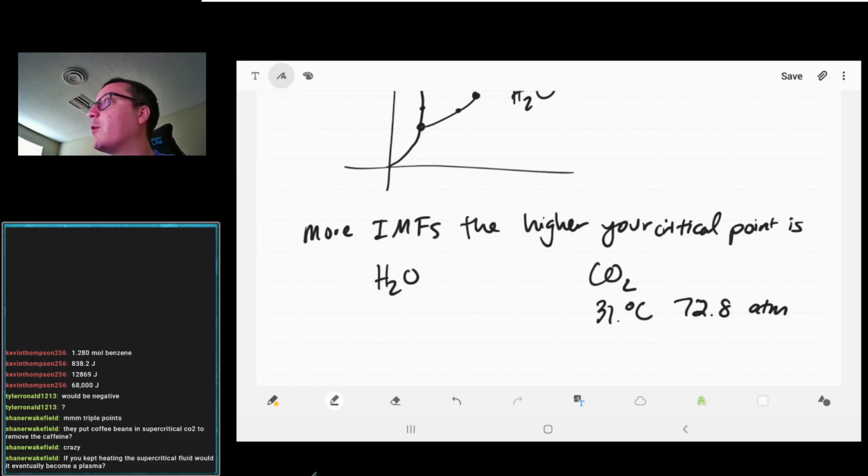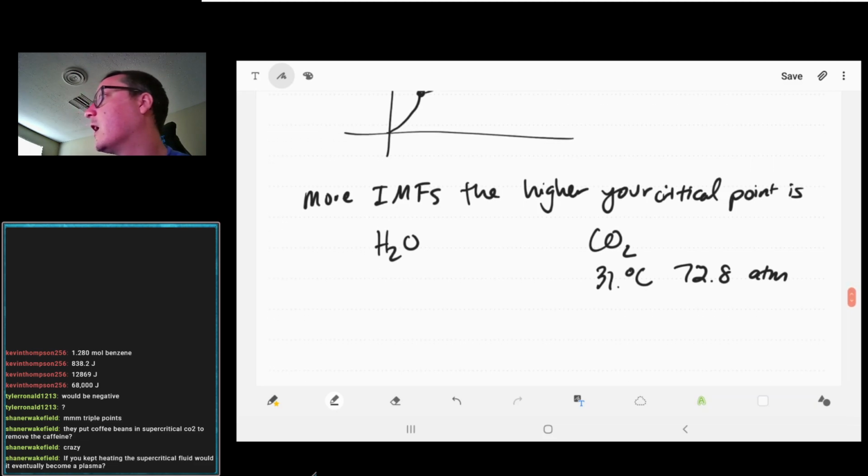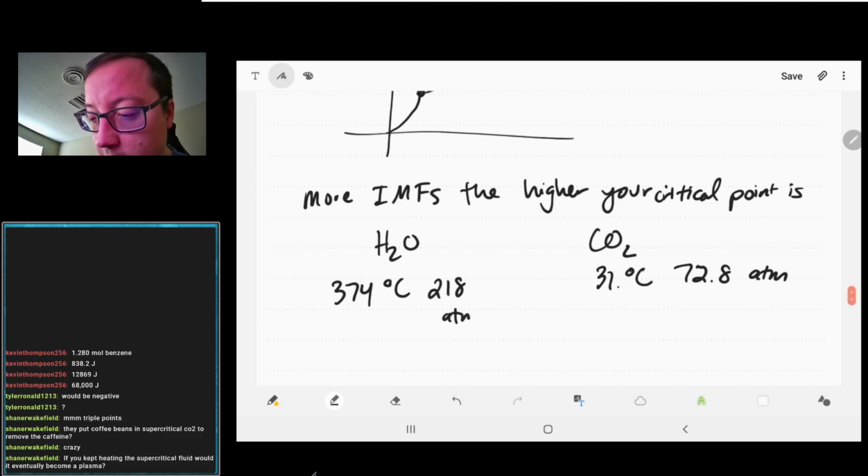And then how about water critical point? Let's look this one up. So for water, we're looking at 374 degrees Celsius and 218 atmospheres. So we can see a pretty big difference here, right?